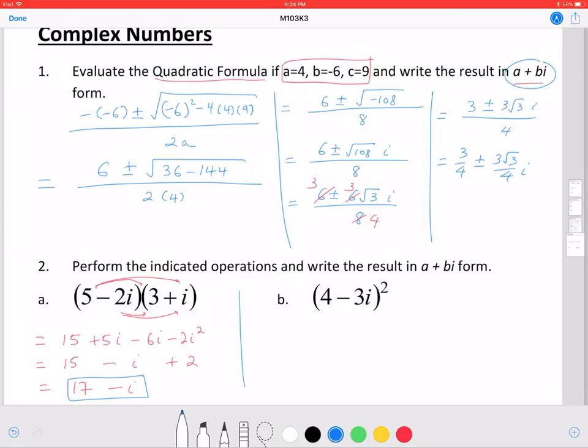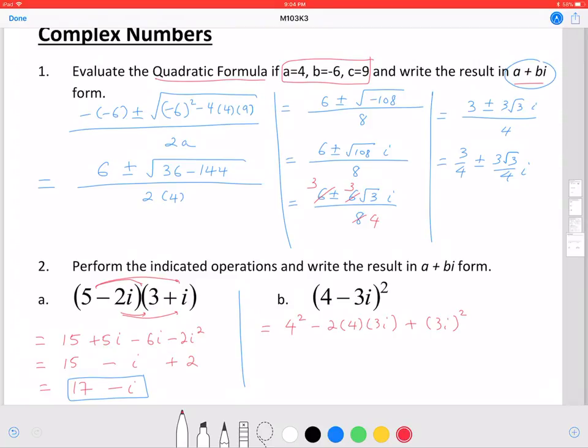All right, 2b. Here I'm going to use the binomial square formula. Remember, binomial square, a plus b quantity squared. So this is going to be 4 squared minus 2 times 4 times 3i plus 3i squared.